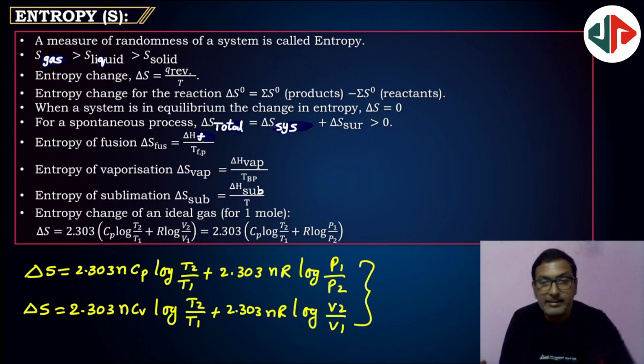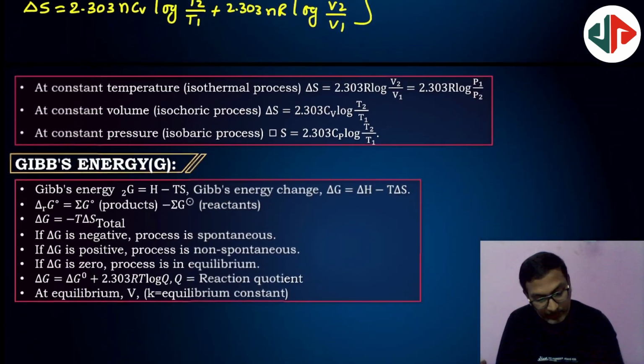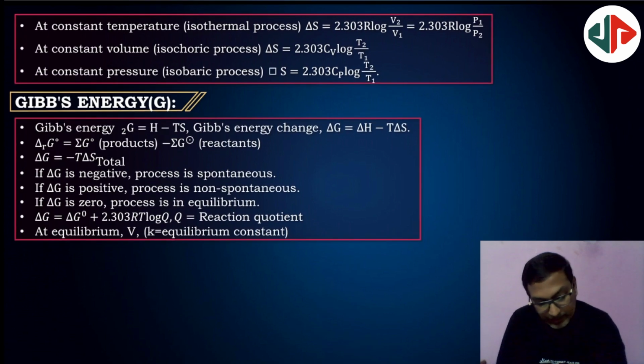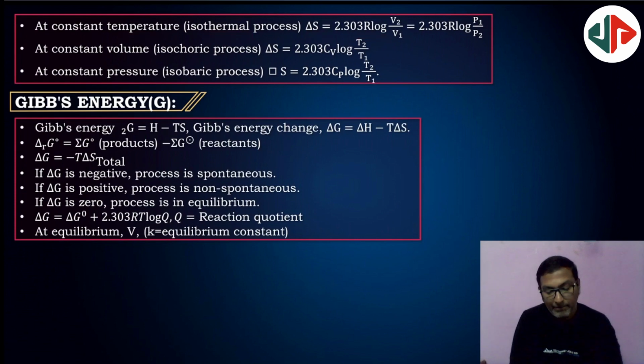Change in entropy of ideal gas. Here it should be V. Cp and Cv are heat capacities. At constant temperature, an isothermal process, delta S equals 2.303 nR log V2 by V1.